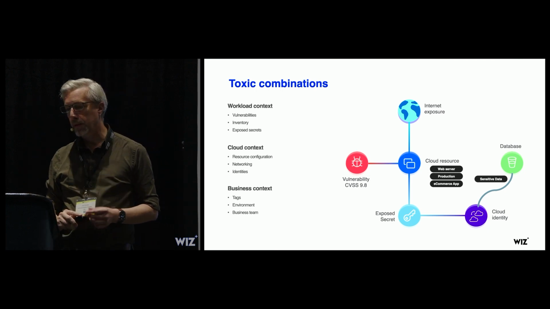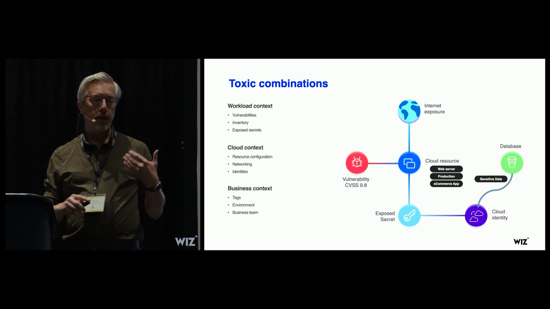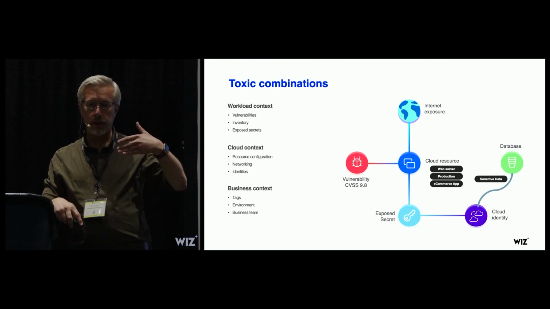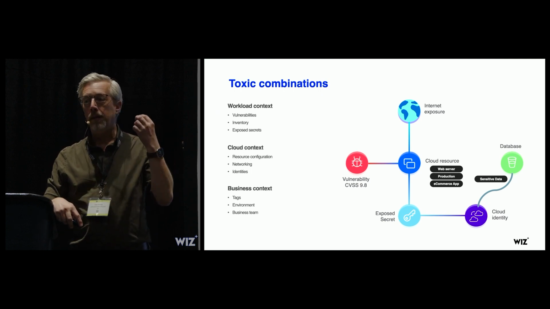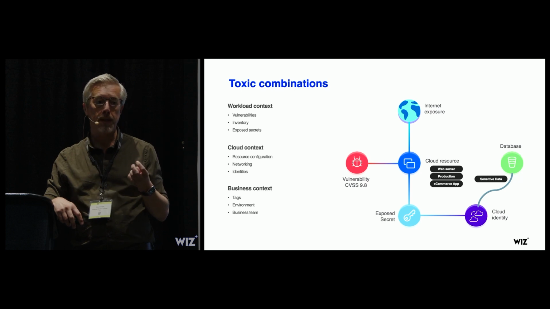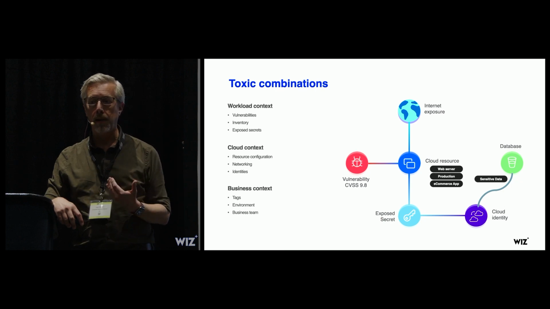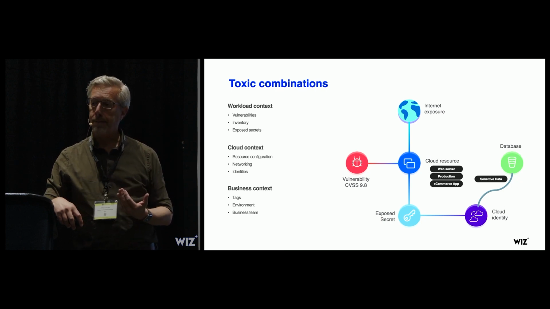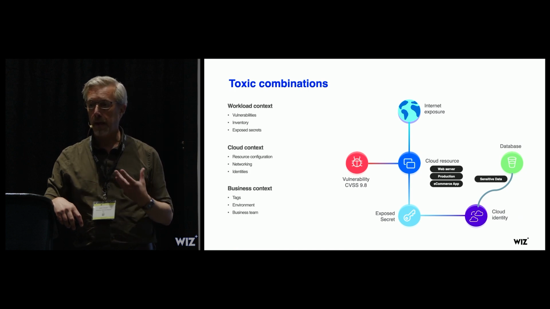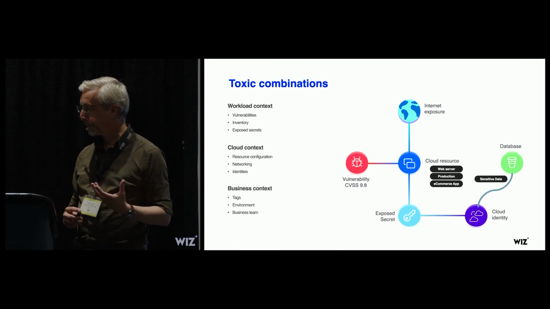So that's what the modern tools are trying to do, rather than give you, here's 100% of the junk that you need to fix, is say, here's the 10 or 15% that represents 80 to 90% of your risk. Everything's driven by risk and hopefully by business risk rather than just looking at CVEs. So when you look for platforms to do this, make sure you're getting all of that out of them.